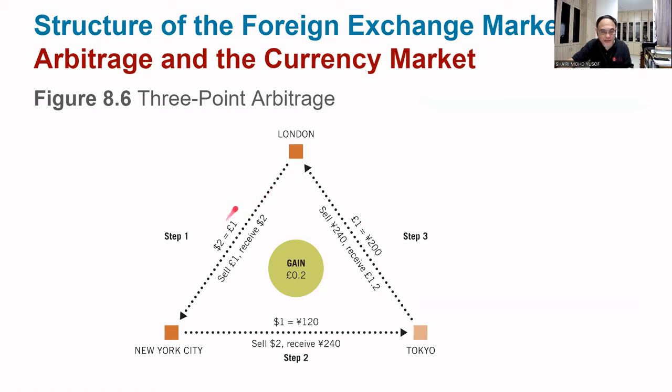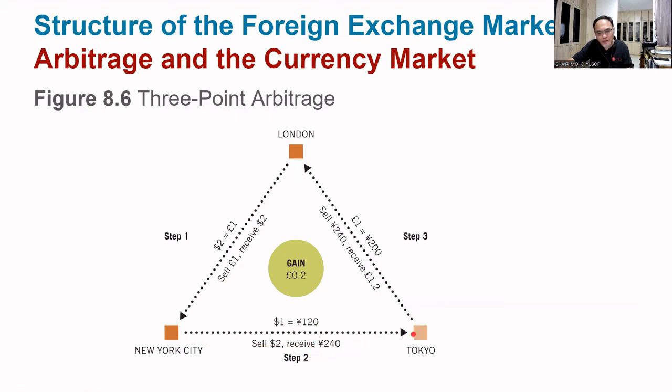So this diagram shows how this works. You convert £1 into dollars: you sell £1 and you get $2. Then you sell that $2 at the New York market, and you get 240 yen.